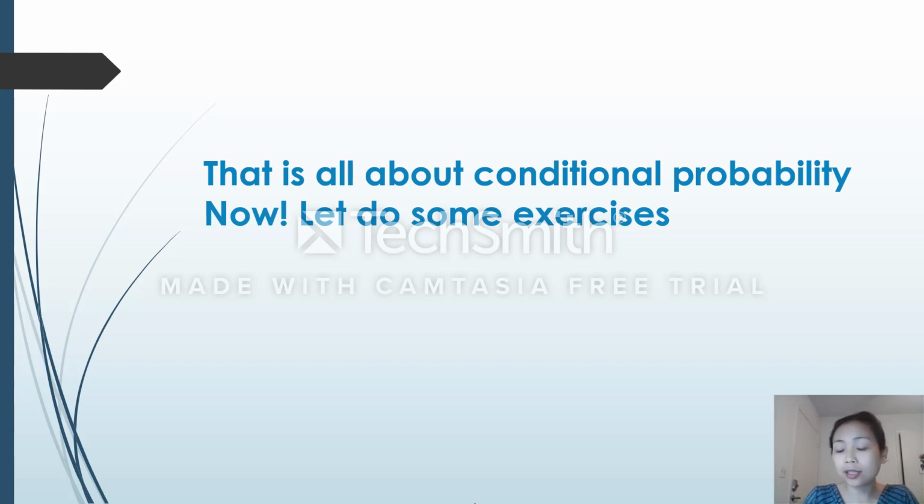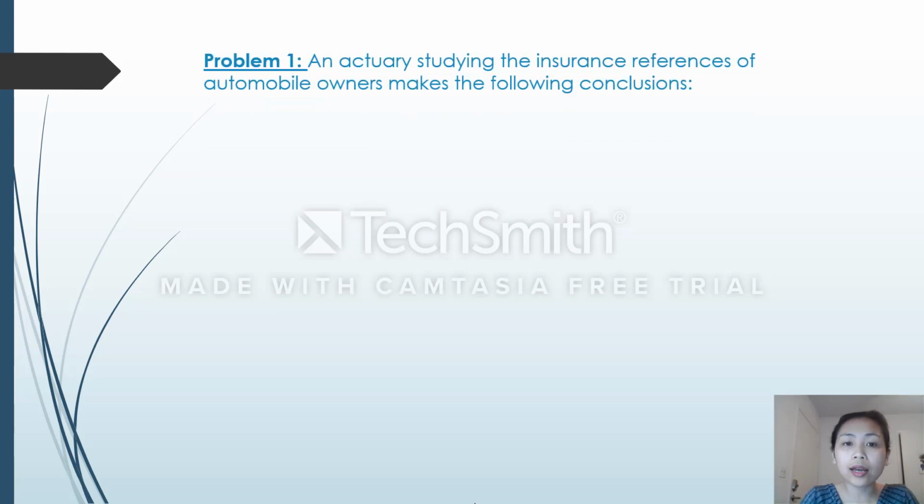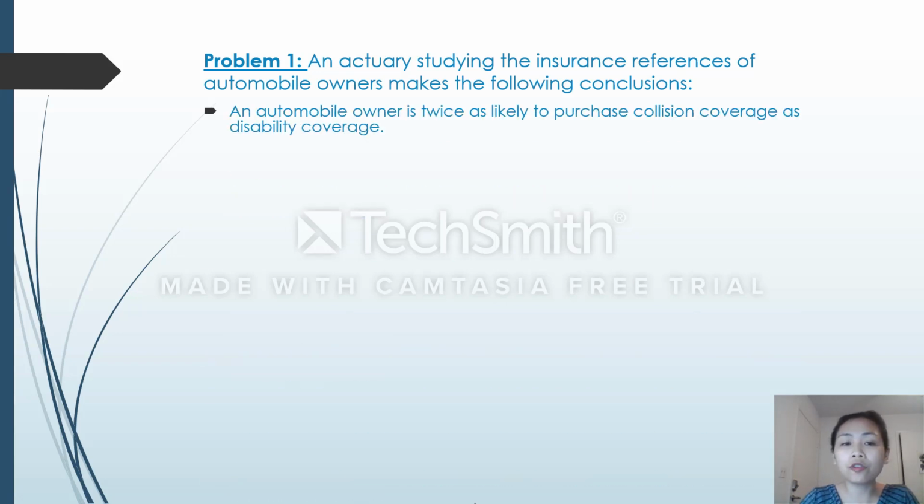Now let's do some exercises. The first problem. An actuary studying the insurance preferences of automobile owners makes the following conclusions. The first conclusion, an automobile owner is twice as likely to purchase collision coverage as disability coverage.